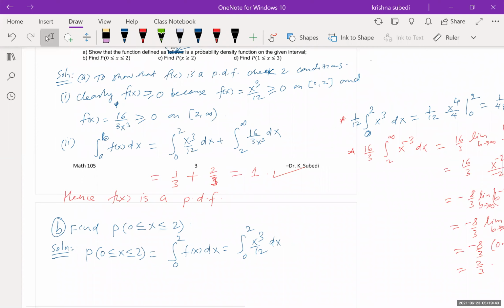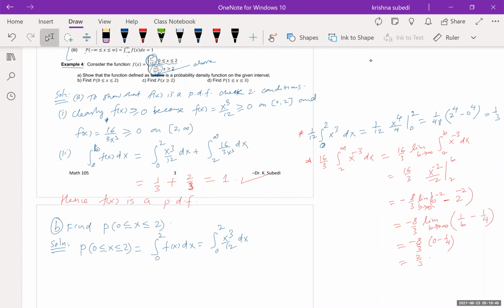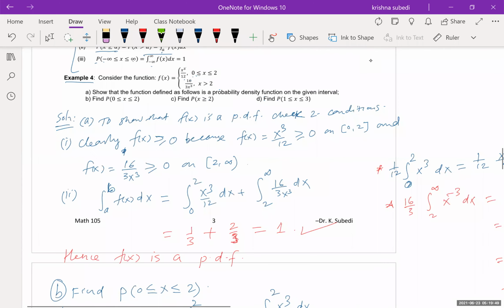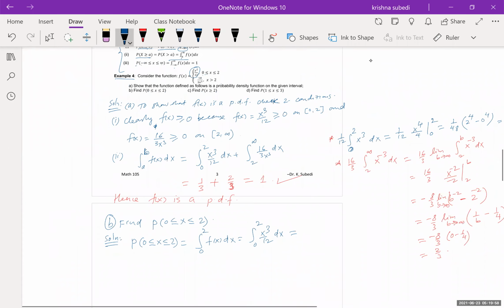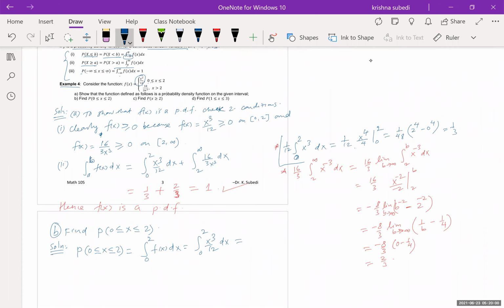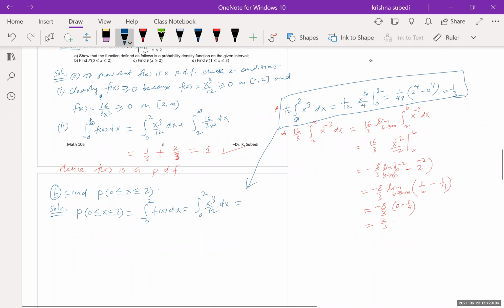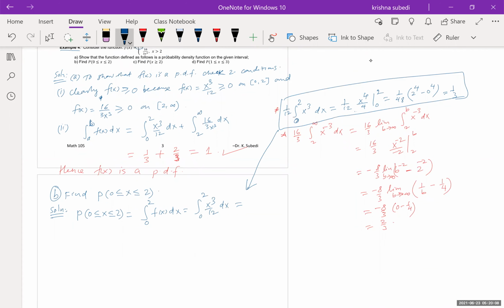The function for the interval 0 to 2 is this function right here, x cubed over 12. That's the piece. And you know how to evaluate the integral. The good thing is we already calculated this here. You see? So I just copy and paste. So your answer is going to be 1 over 3. Done. Any question?